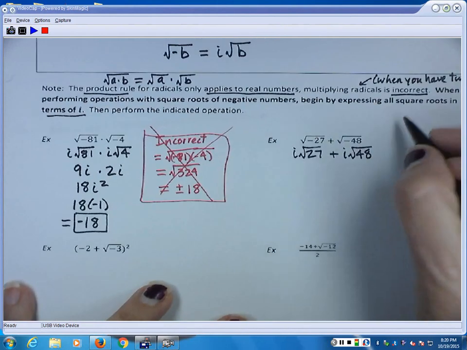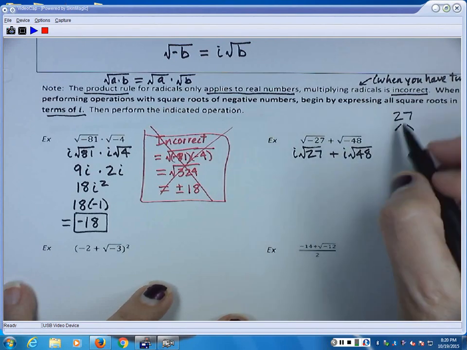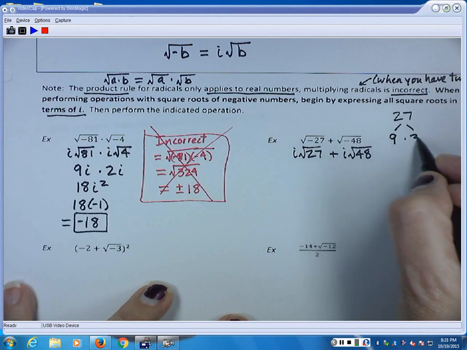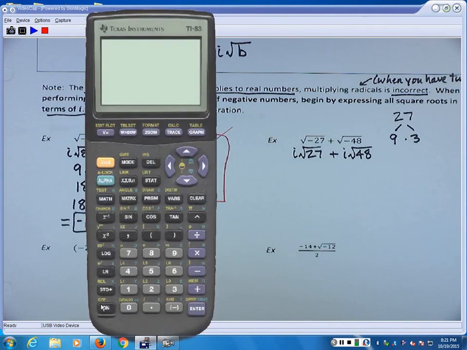So 27, the biggest perfect square that goes into 27 is what? 9. If you don't remember this, you can go onto your calculator and press y equals.